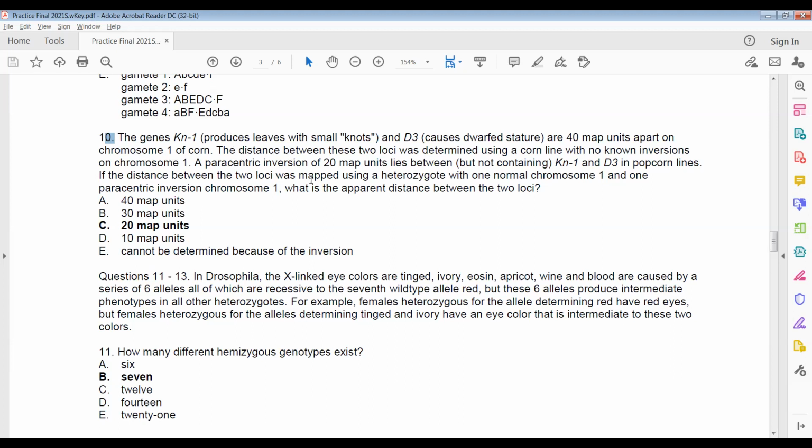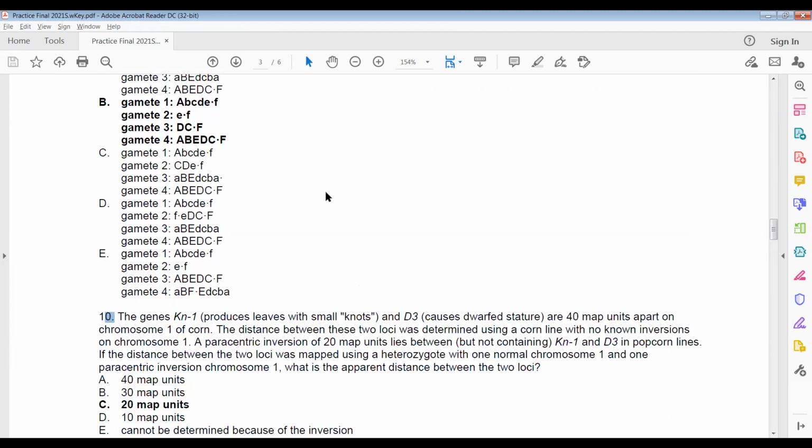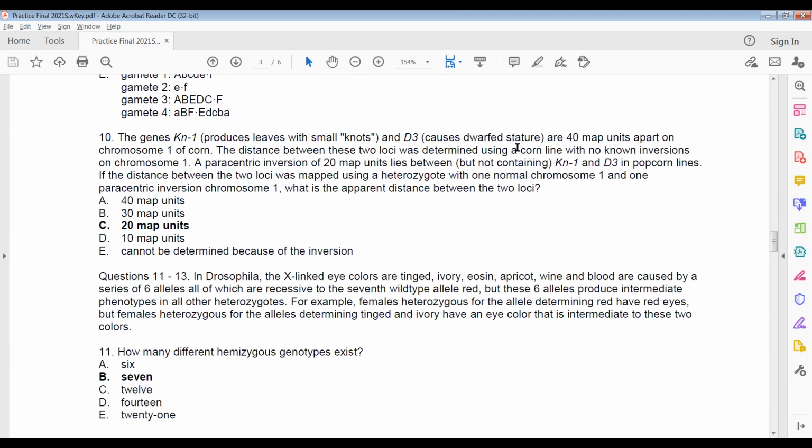All right. So this is about the inversion. Same kind of question. On a standard genome in corn, there are 2 genes, one is this, the other is this. In the standard situation, there are 40 map units between these 2 genes on chromosome 1.